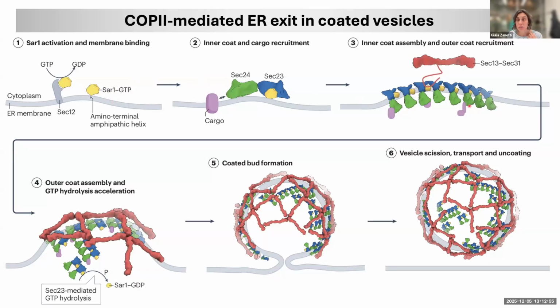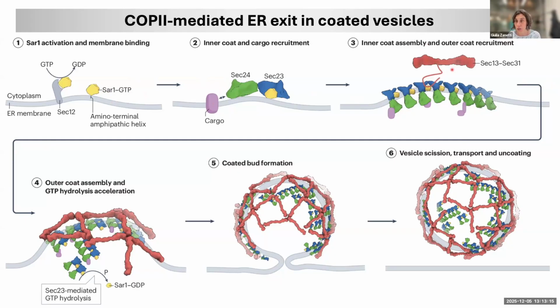This in turn serves to specifically concentrate cargo and cargo adapters into the forming coated membrane, and at the same time provides a structural scaffold that is necessary for recruitment of the outer layer of the coat, here in red.